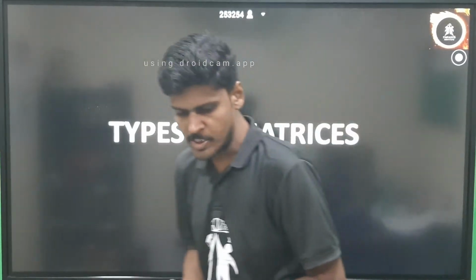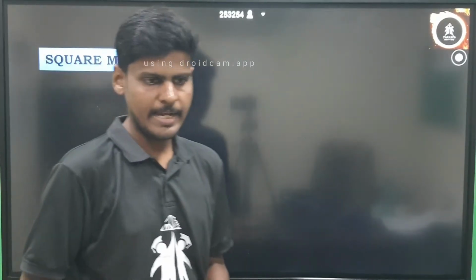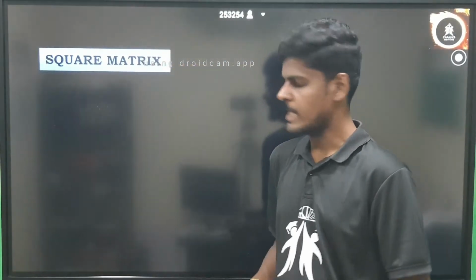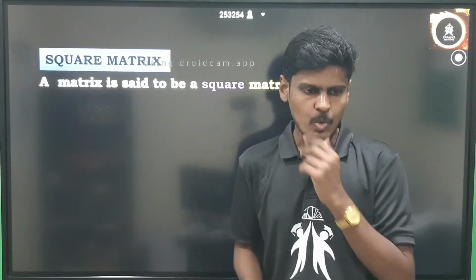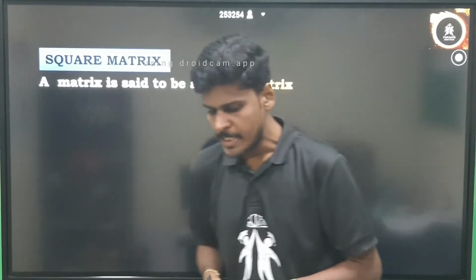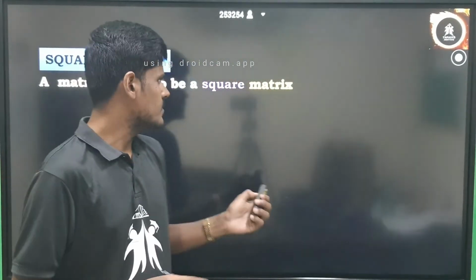Now we go to types of matrices. Again, another important and interesting topic, types of matrices. What is a square matrix? A square matrix is a matrix which has an equal number of rows as well as columns.